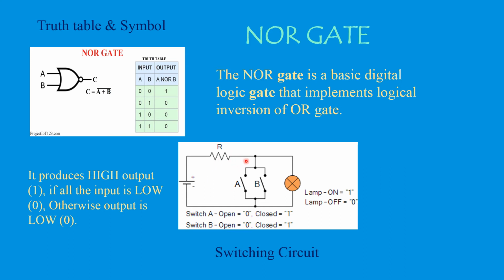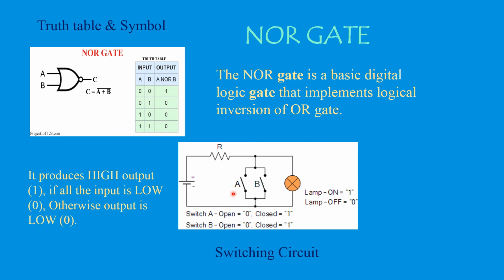So if the electrons start flowing through this A, then most of your electrons will get grounded. Similarly for the other condition, when A is open, B is closed, the same will happen. So in other words, you won't have enough electrons to turn your lamp on. So this is how you'll have the output to be 0.